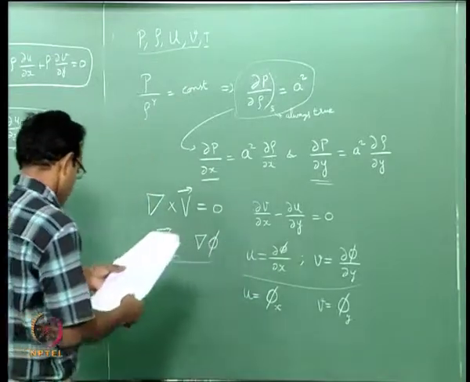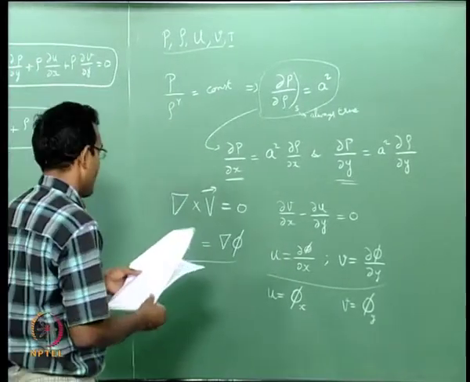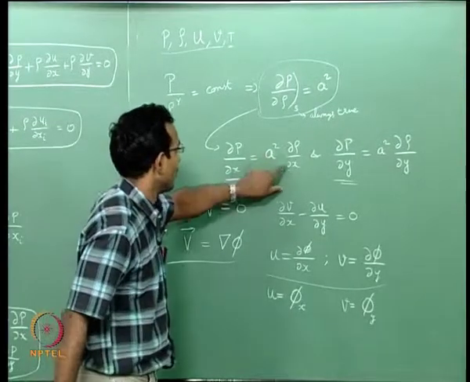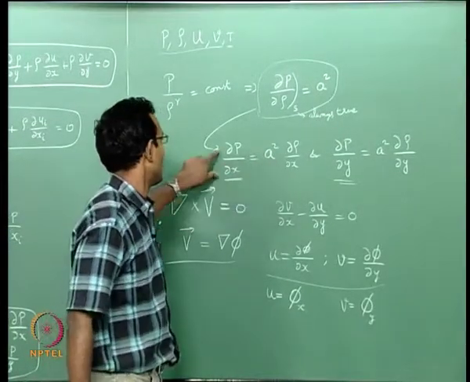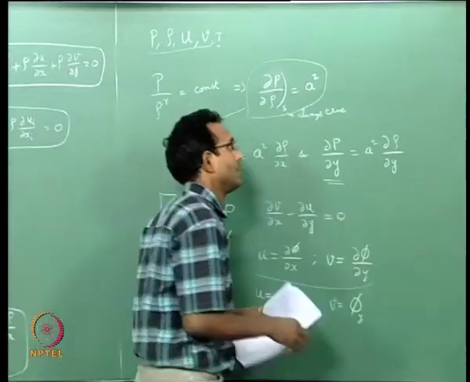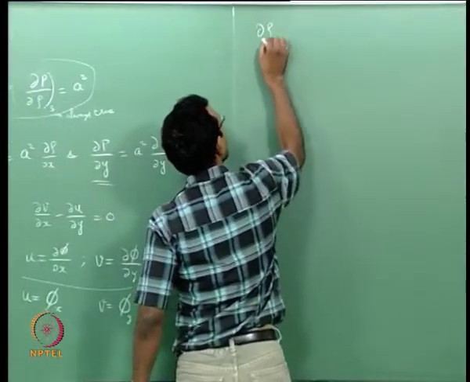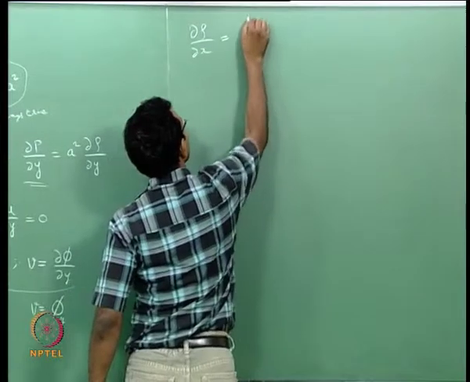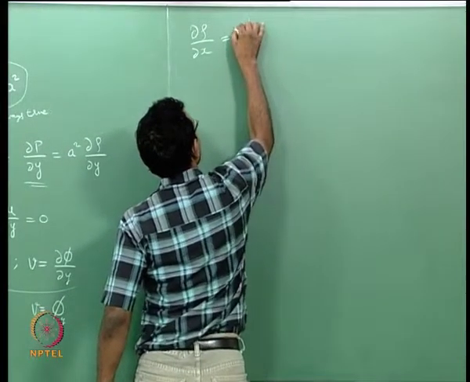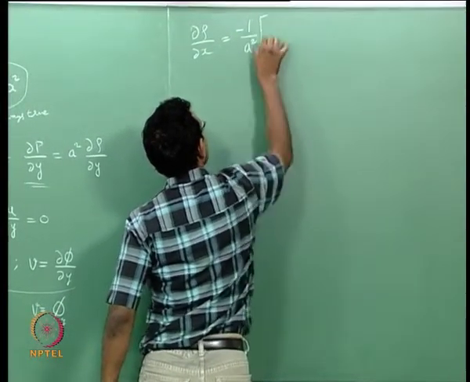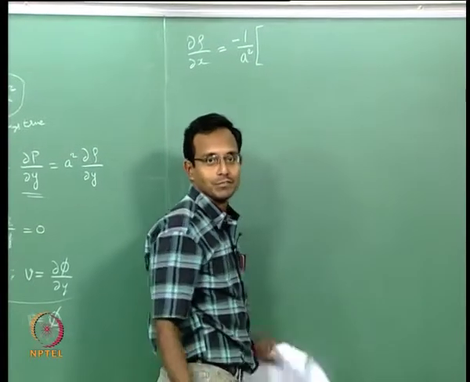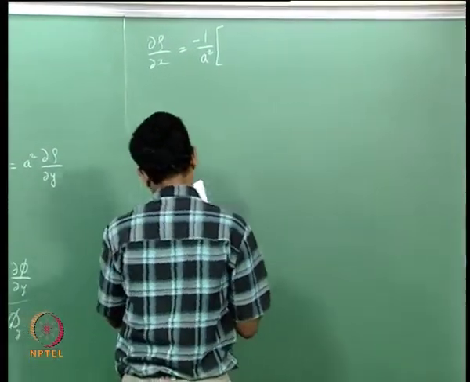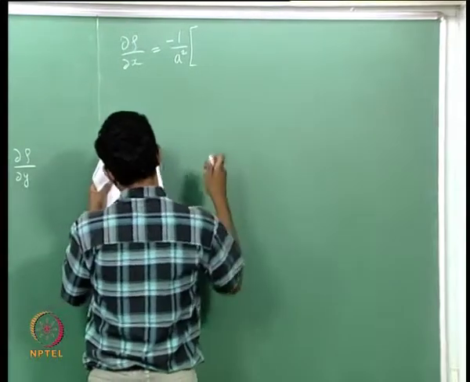So what I will get will be, I will take dou rho by dou x is equal to 1 by a square dou p by dou x, right. I will go here, dou rho by dou x equal to 1 by a square, with a minus sign, put whatever is in the left hand side of my momentum equation. I will write that expression here. What will that expression become?